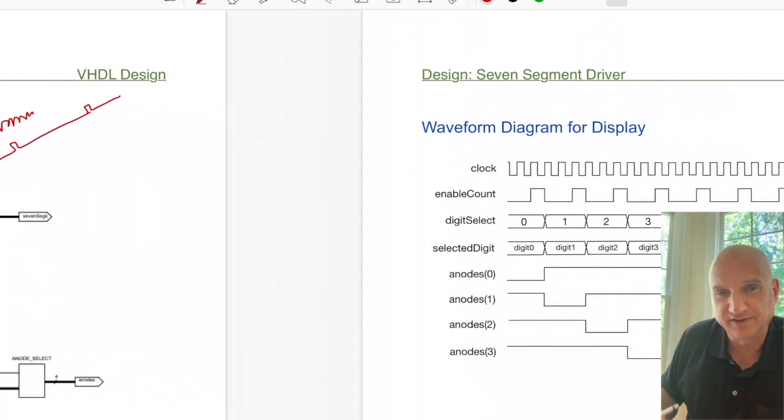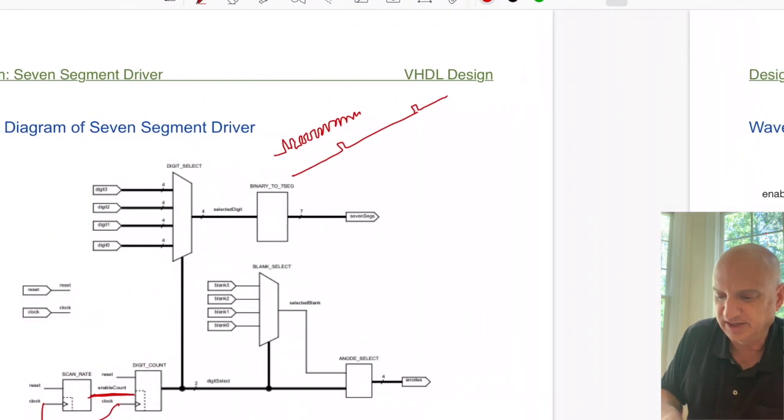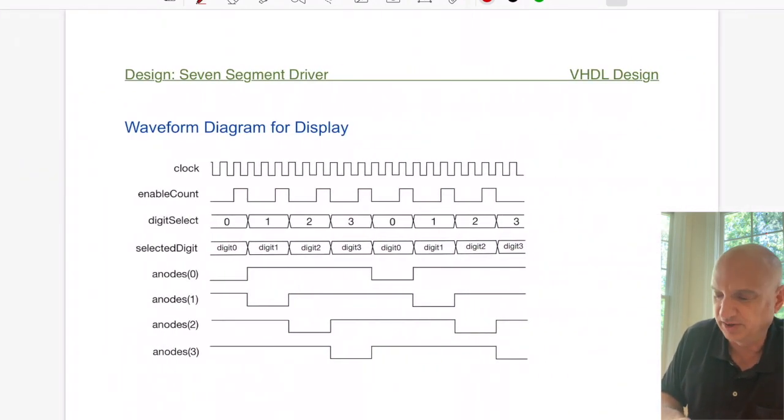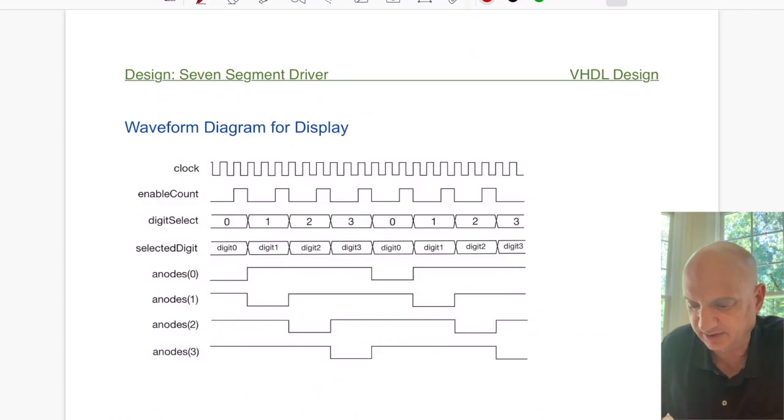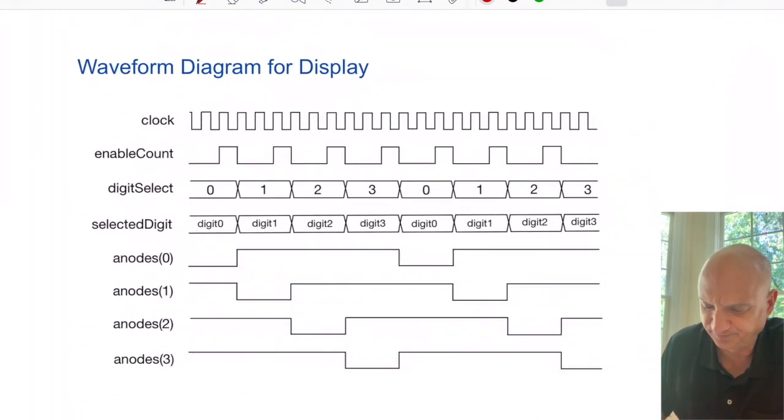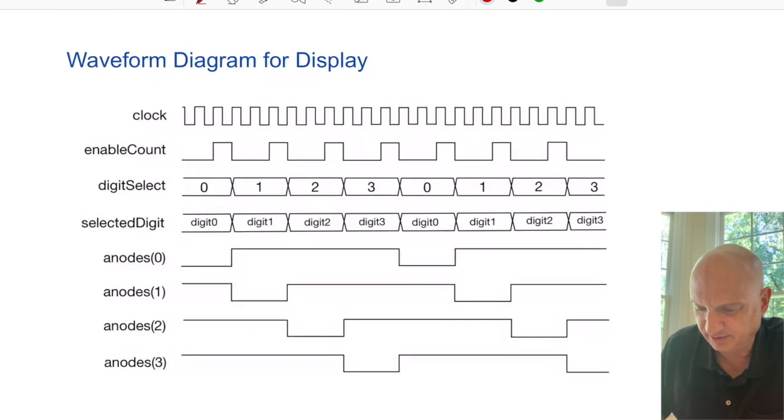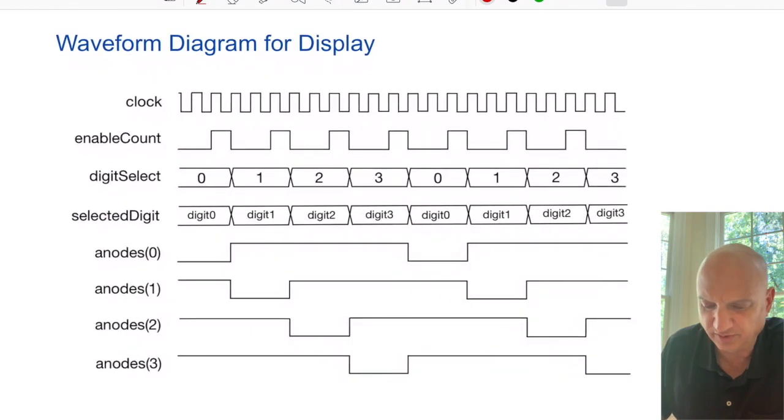Now, with that in mind, and this is how this thing is working, let's take a look at some waveform diagrams. Now, one of the things that I've done here is, and this is really important in digital, is waveforms are incredibly important for a digital design, that you show how waves relate and interact with one another.